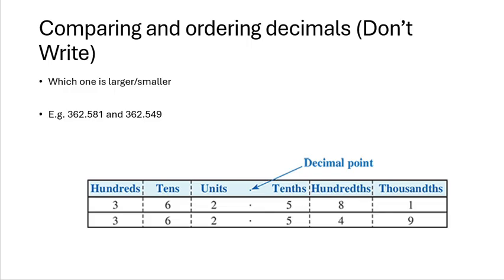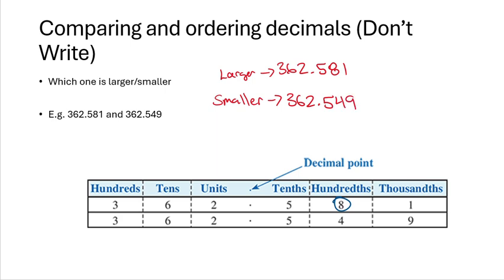The 8 is bigger in the hundredths, so that means 362.581 is technically the bigger number. So larger is 362.581, and smaller is 362.549.